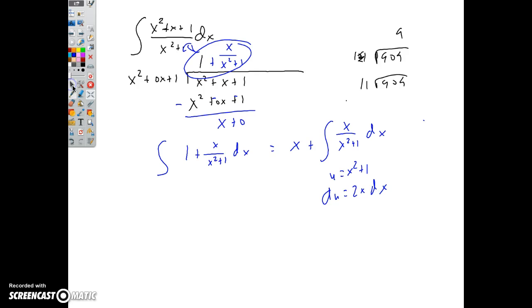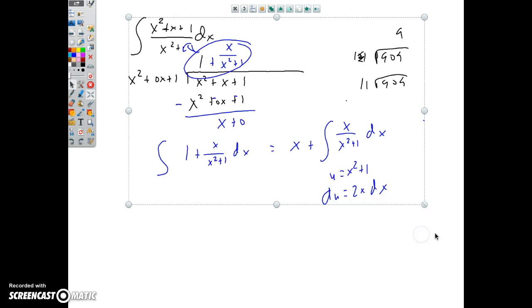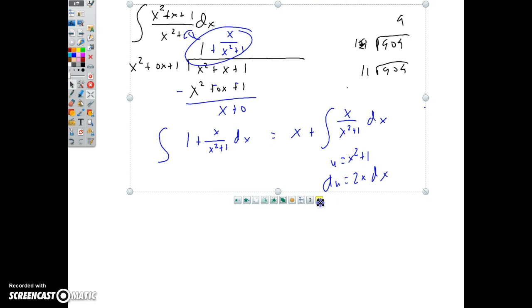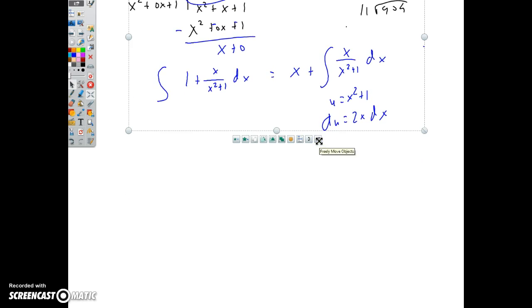I'm going to lift it up a little bit. So this is equal to x plus the integral of 1 over x squared plus 1, 2x dx.